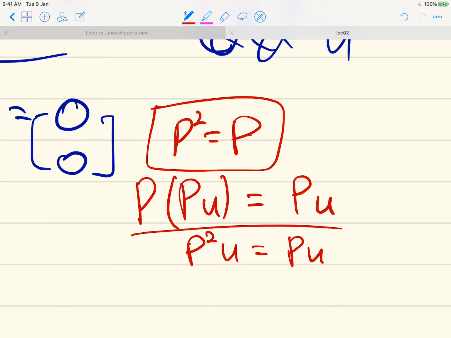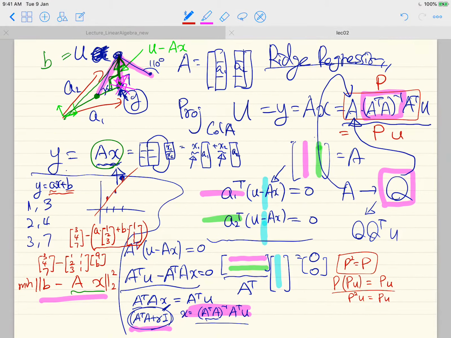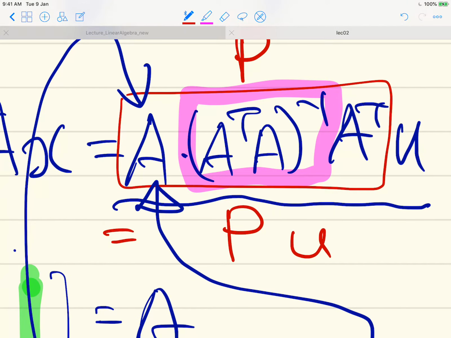Okay, and let's verify that. Again, what is P given the matrix A? We want to project orthogonally onto the column space of A, so P is A times (A transpose A) inverse times A transpose. Here A is this red part, not this pink one, the whole part.